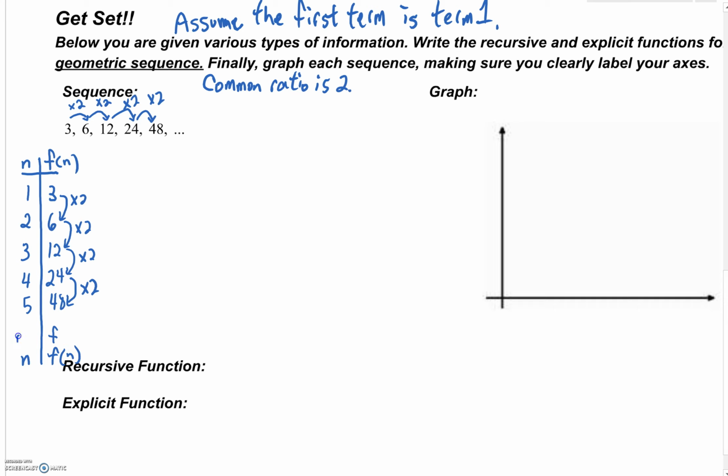Well, the previous term number would be n minus 1. So this would be f of n minus 1 right here. So just like we've been seeing with arithmetic, f of n is going to be the previous term, which is f of n minus 1, multiplied by 2.